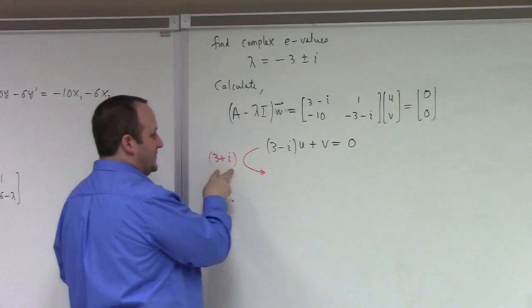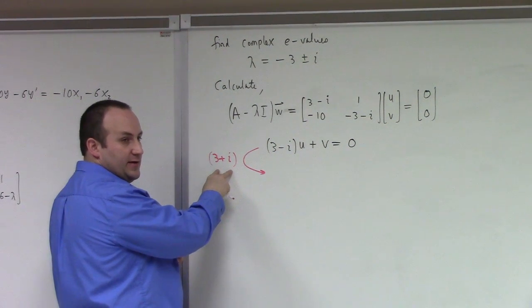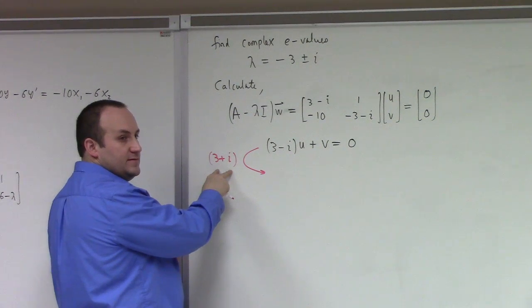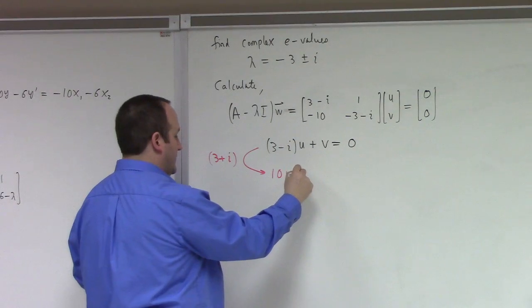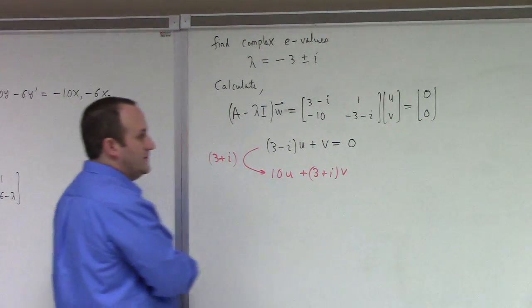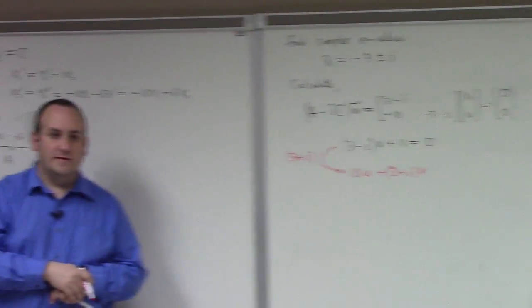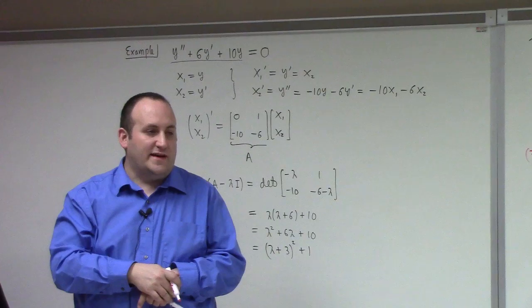What's 3 plus i times 3 minus i? 3 squared minus i squared, which is 10. So it gives me 10u plus (3 plus i) times v. Does that look familiar? It's almost the second equation. It's minus the second equation.